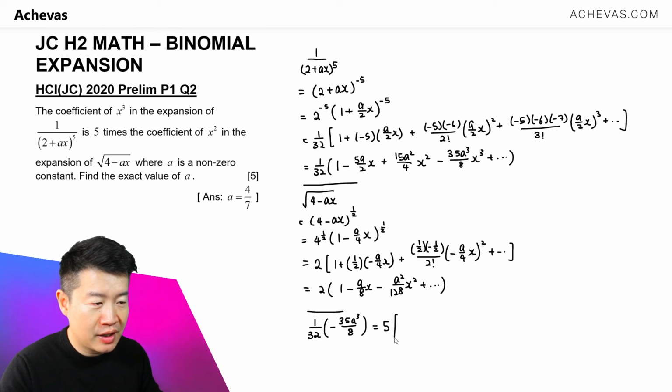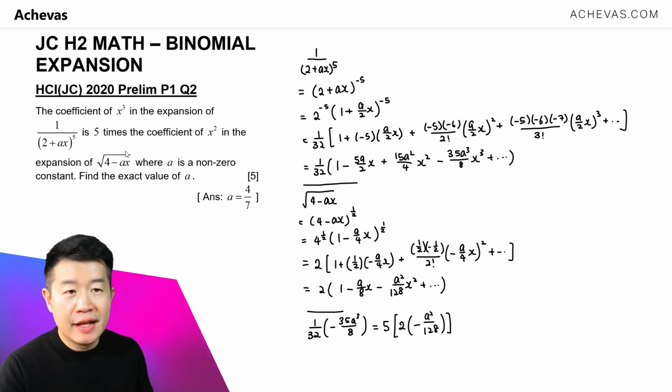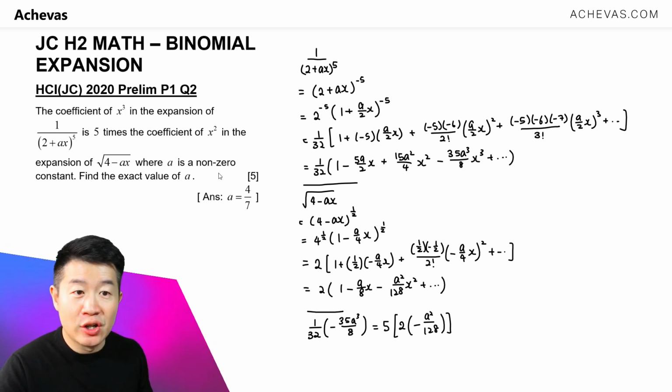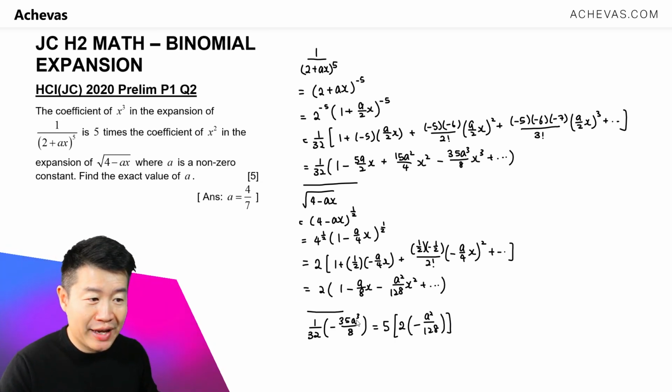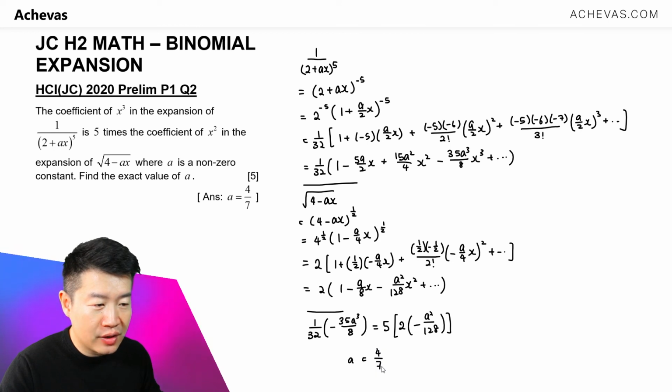So it will be 5 times, let's not forget the 2 times, minus a squared over 128. And since the question says that a is a non-zero constant, we can divide by a squared throughout, which will leave us an a here. And if I bring all the coefficients over to the right hand side, we will get the exact value of a, and that is 4 over 7.